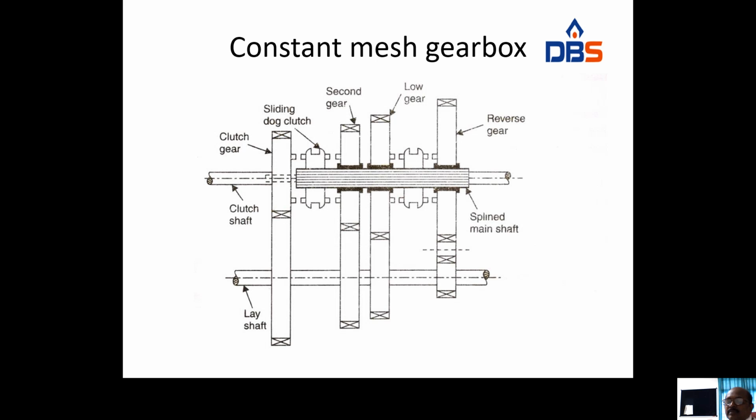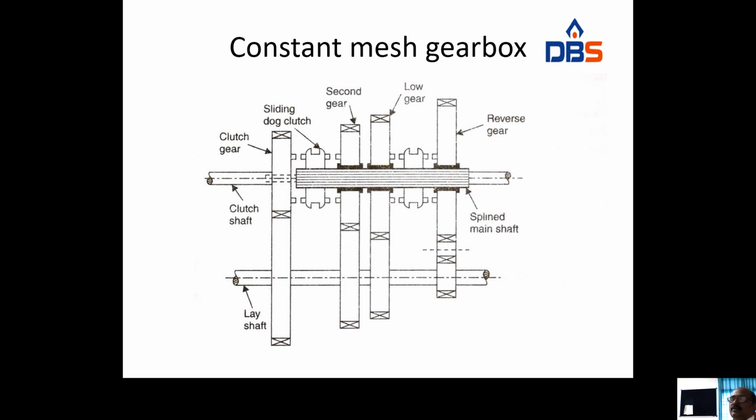So by the movement of this dog clutch, we can transfer the motion from the clutch shaft to the output shaft. Here, first the clutch shaft rotates. From the clutch shaft, motion comes to the lay shaft. In the lay shaft, there will be 4 gears. All the gears are rotating. The output shaft is connected to the dog clutch. Whatever gear is connected by the dog clutch, from the dog clutch the motion will go to the output shaft.